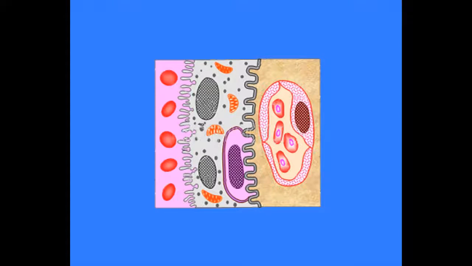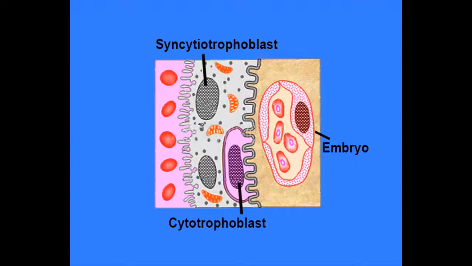The portion of the trophoblast which is nearer to the embryo is known as cytotrophoblast. The more external lying part of the trophoblast is called syncytiotrophoblast, as it is a syncytium of irregular strands with interstices in between.